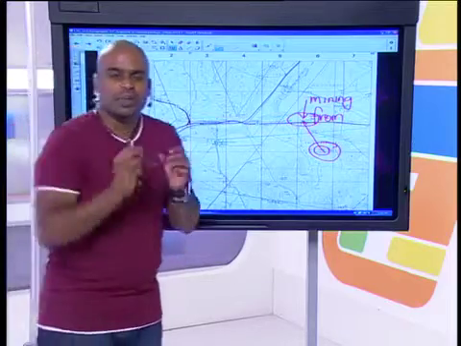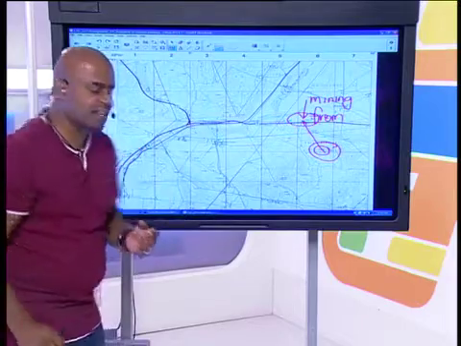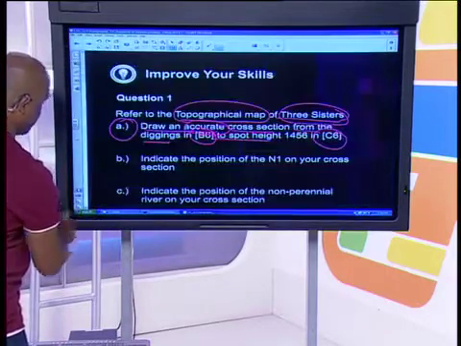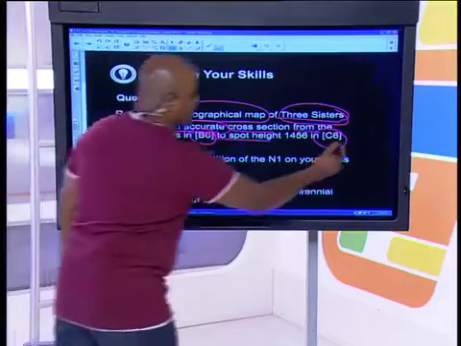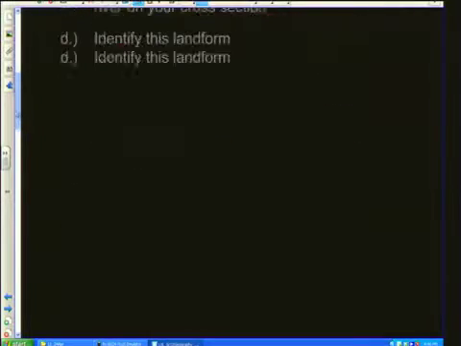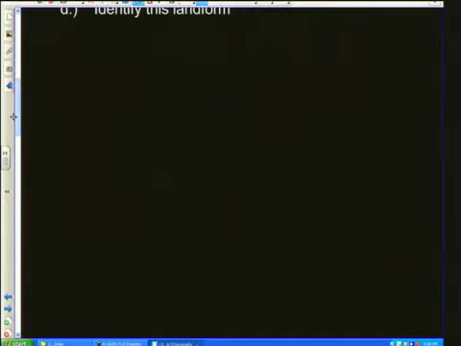So guys, we've been able to draw a cross-section, and I'm going to quickly draw for you a rough sketch. We've managed to answer this particular aspect. Now what I'm going to do for you is draw the actual cross-section. Remember, our diagram is as follows, with the y-axis and x-axis.